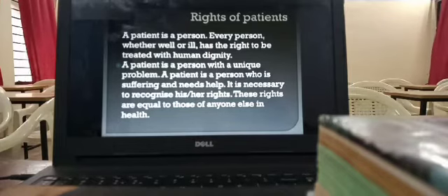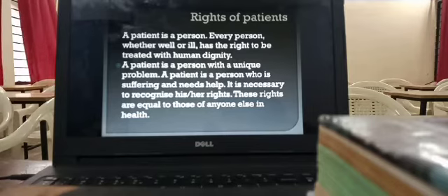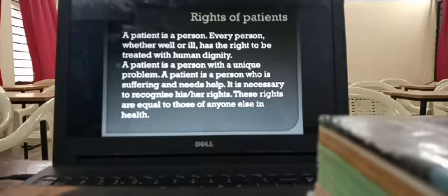Sometimes we even forget what the rights of the patients are and what rights they have to question. Sometimes the rights are not clearly defined when they visit the hospital, and often they don't even realize what rights they have to question.